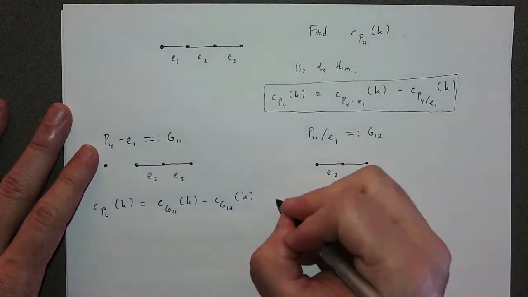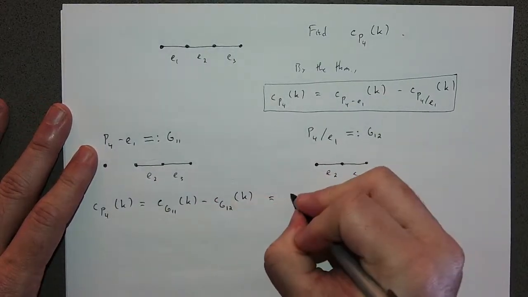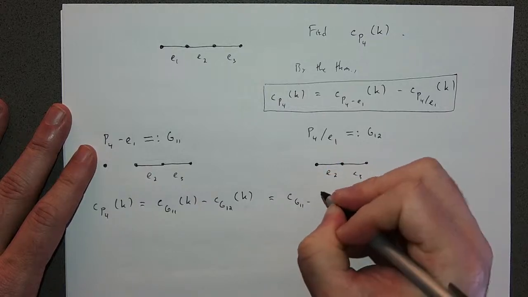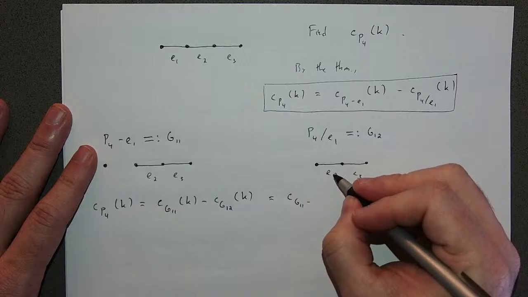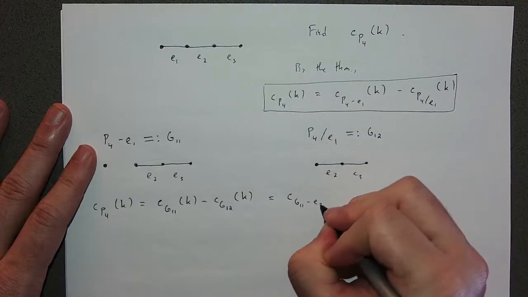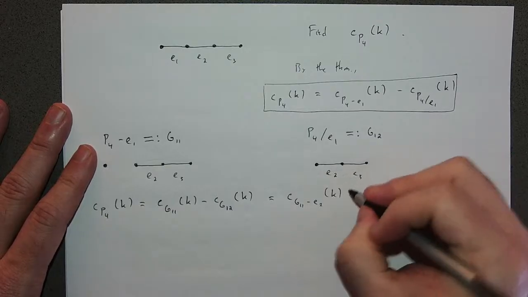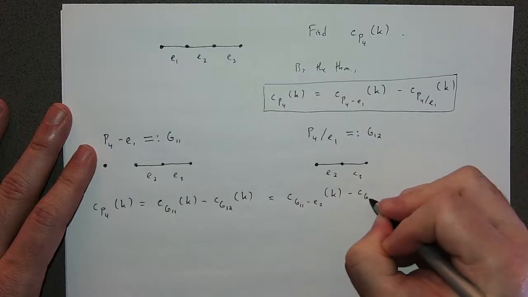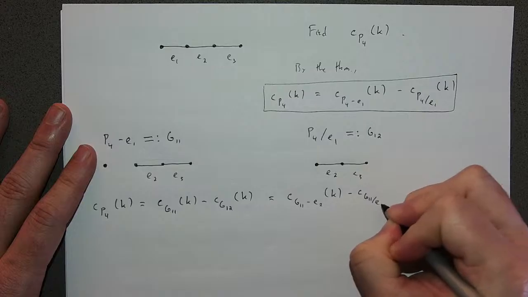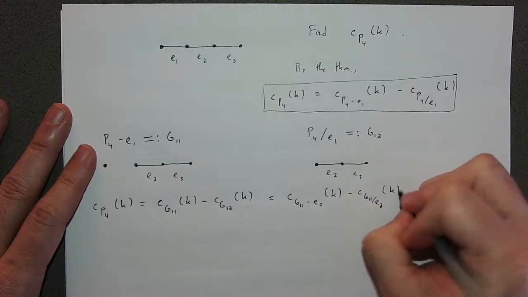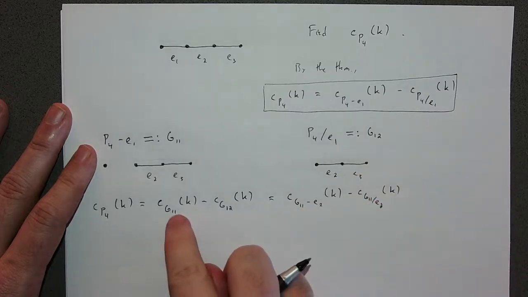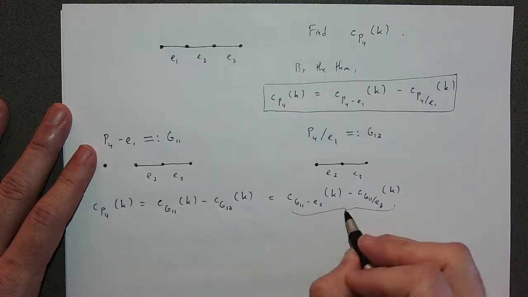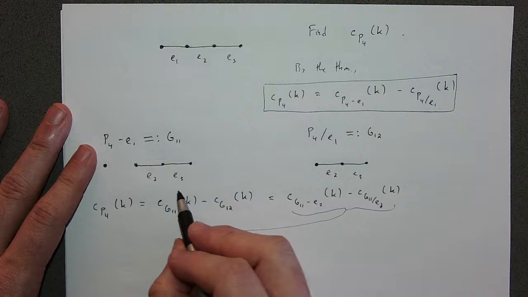For the first term, this would be the number of colorings on G11 minus an edge, we'll say E2, using K colors, minus the number of colorings on G11 mod the edge E2 using K colors. These two terms are my application of the theorem to this single term.